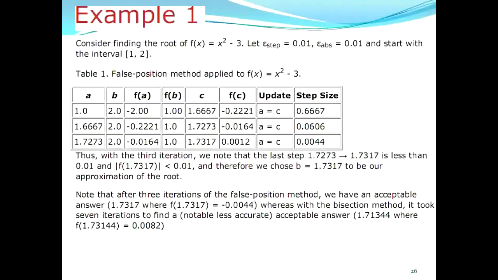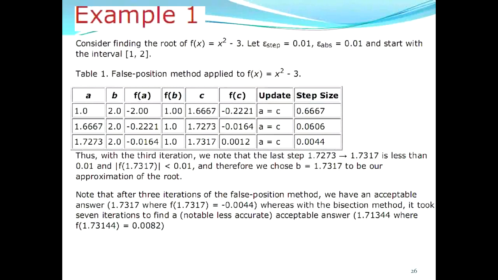Now A becomes 1.7273 and B remains 2. f of A is minus 0.0164 and f of B is 1, so C is calculated by the Regula Falsi formula as 1.7317.